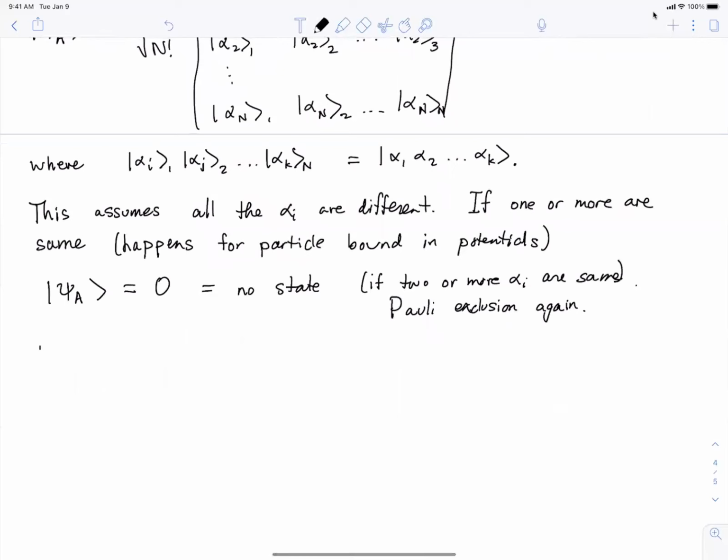And then for the symmetric case, there's nothing wrong with this. It's not the null ket, but the combinatorics just affects the normalization. And so instead of a square root of 1 over n factorial, I have to put in the numerator a bunch of factorials that are just however many times each one of the labels is repeated.